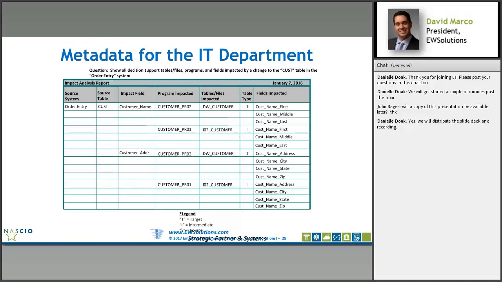Basic question is, what are the downstream impacts of a change to that table? And we'd see here are the programs that use that table, the downstream tables and files, table type, and also the fields.